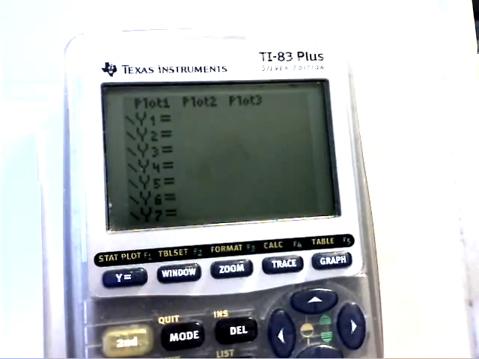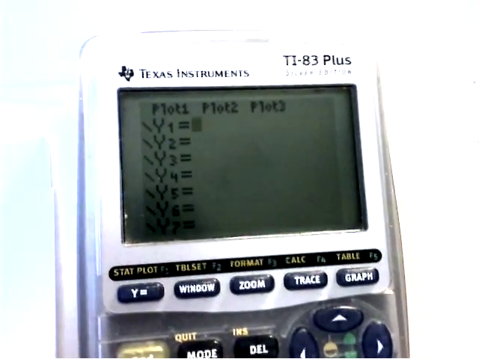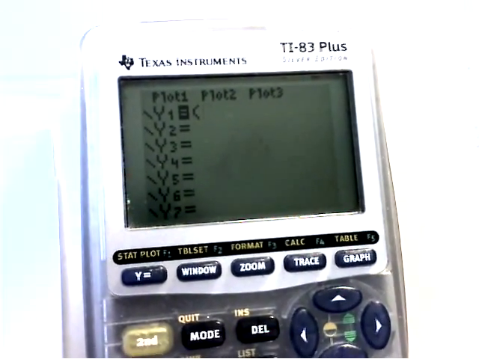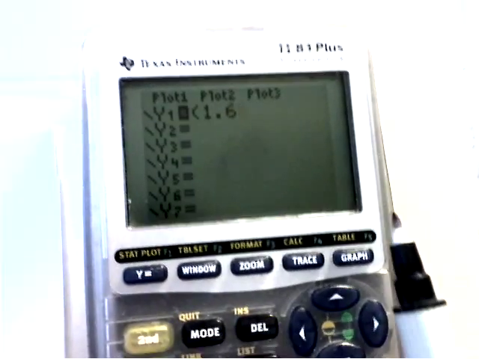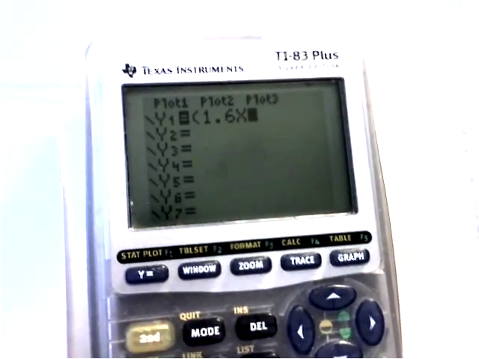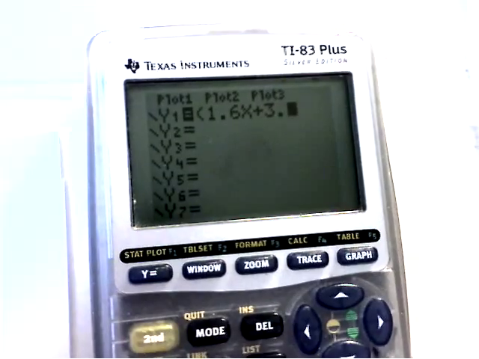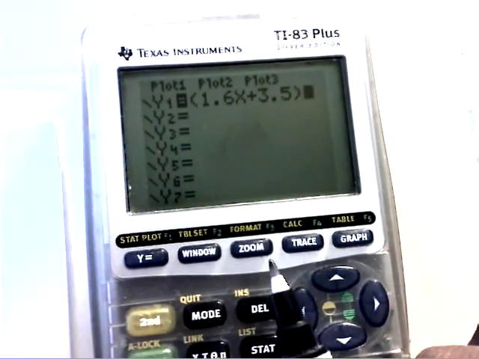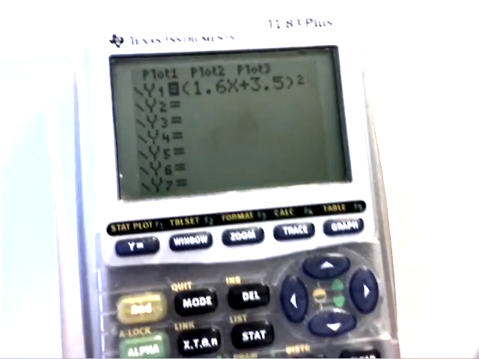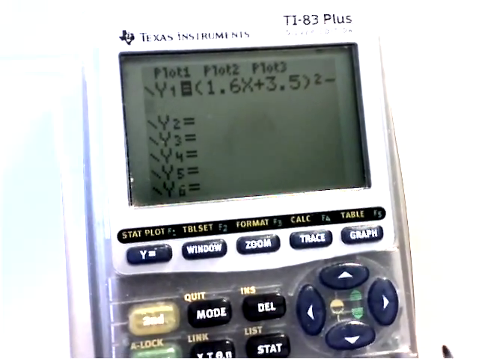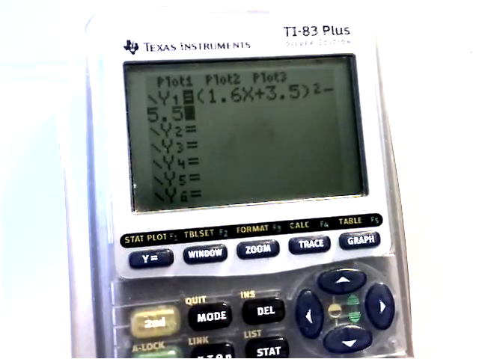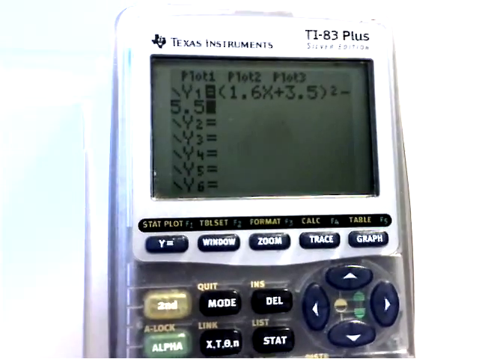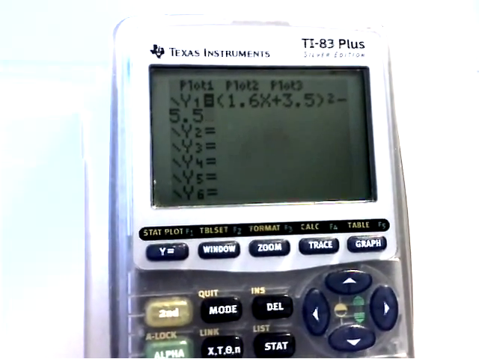Let's clear this equation, and then left parentheses, 1.6, then your x theta key for your x, plus 3.5, close parentheses. Then hit your x squared button for the exponent of 2, then minus 5.5. Okay, that's your equation.